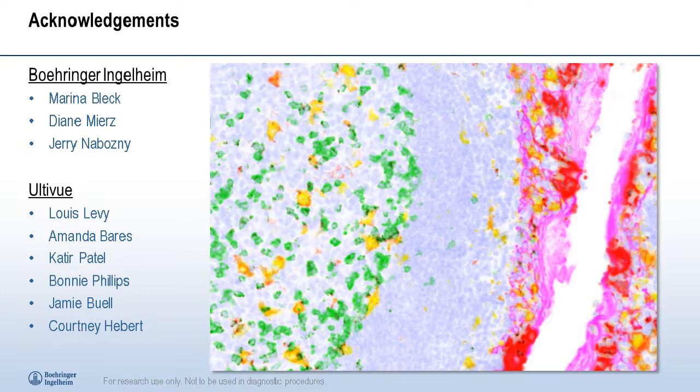This is actually quizzing the technique, so once again, stand by for this question. Are you sure that the barcode-specific complementary DNA probes are specific to the amplified barcode and do not recognize any DNA from the sample? A good question, but I feel sure that Ultivue would have thought of this. Yes, and I will have to defer this question to Ultivue. From what we've seen, we've not picked up any background with the images that we've run.